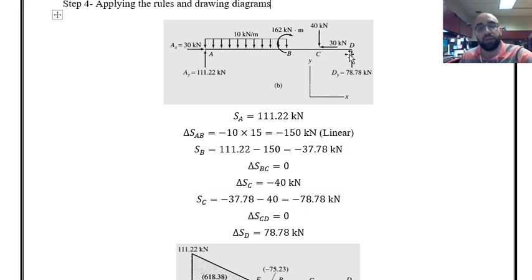From point C to point D, again, there is no loading, no point load or distributed load. So shear is the same from point C to point D. At point D, I have a concentrated load or a point load, and that's why the shear should see a sharp change, and the amount of change is equal to 78.78.